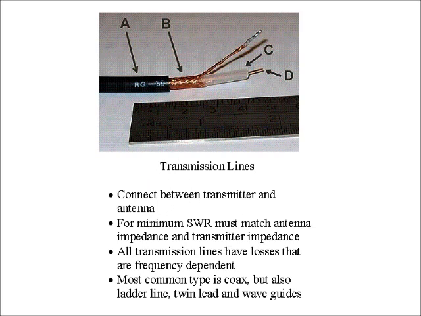So what we typically do is we put a piece of transmission line from the antenna down to the river. We all do it. We call that transmission line typically coax, but there's all kinds. There's twin lead, there's open ladder line, there are waveguides that they use in microwave frequencies.